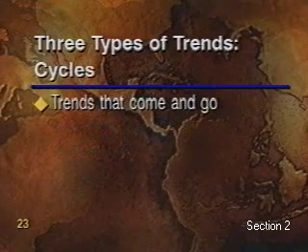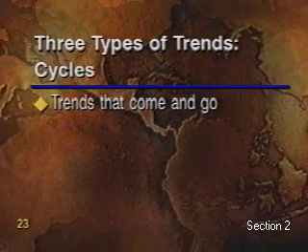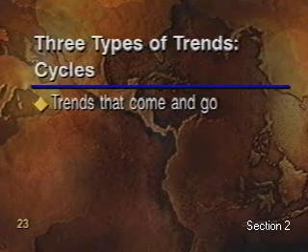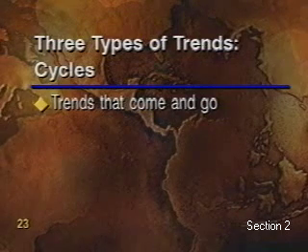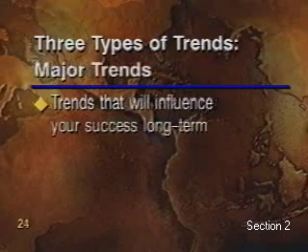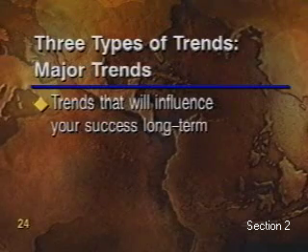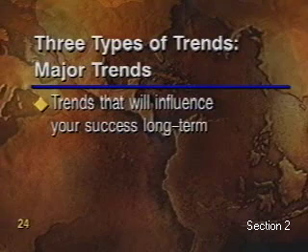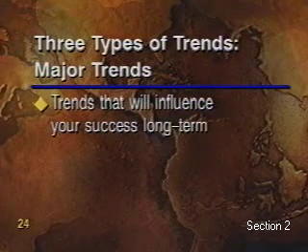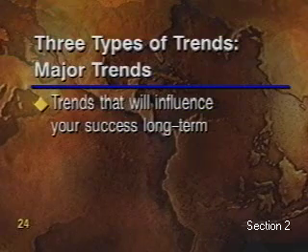Second, there are cycles, trends that come and go, like the width of men's ties that get narrower and narrower until they become wide again. And finally, there are major trends, the ones in which you should be interested, that will influence your success long term, like the use of wireless communications technology.